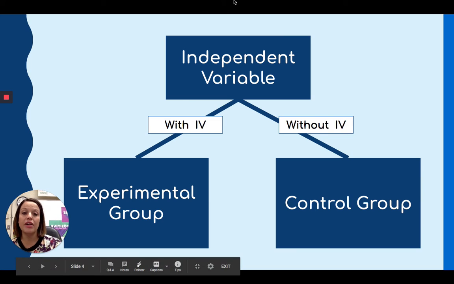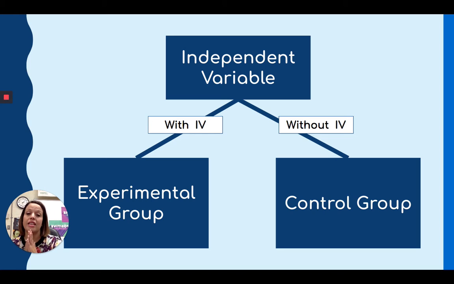So my independent variable would be eating the apple. The group with the IV is my experimental group. So in this case, the group that eats the apples, that's who I'm experimenting on. I'm changing the IV, and that is my experimental group. Okay, what about those that don't eat an apple? Well, that's my control group. Okay, those are the ones without eating an apple a day.